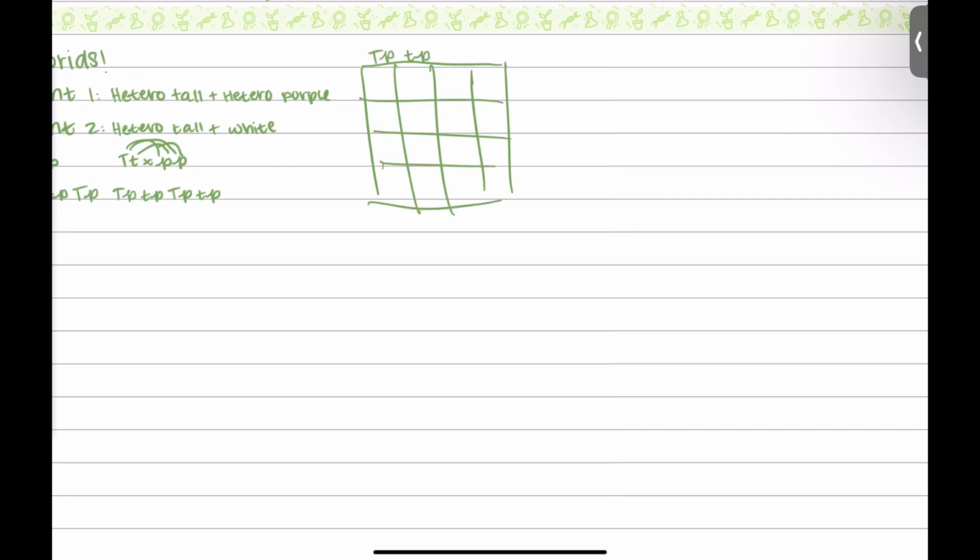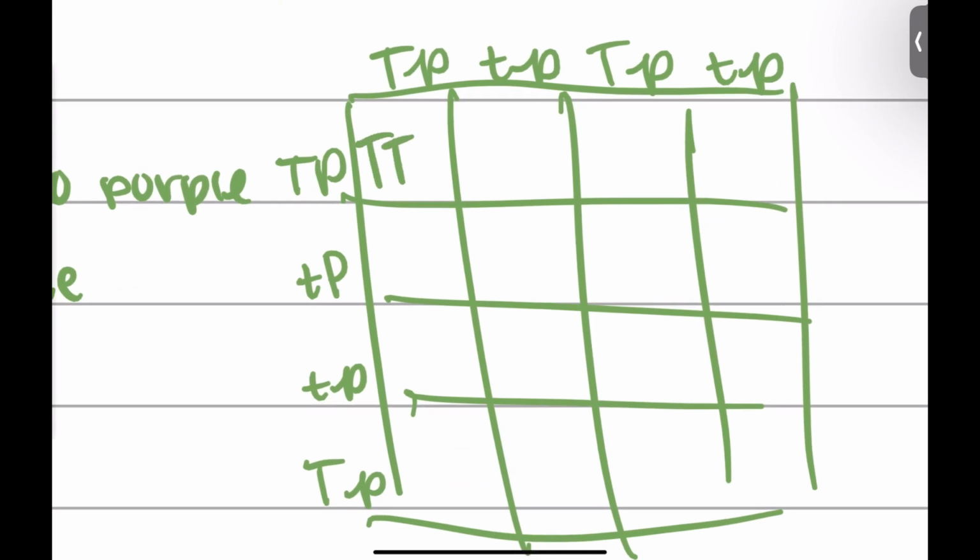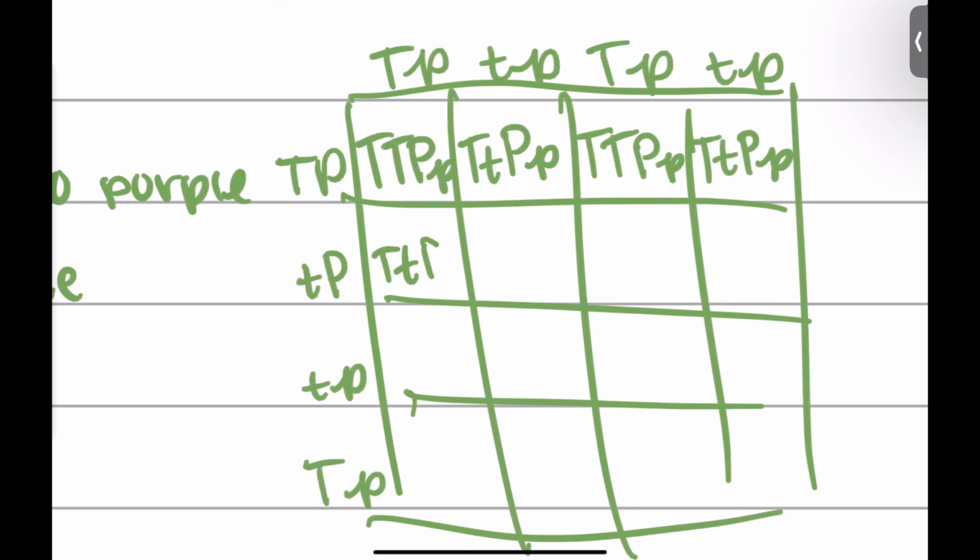So now I'm going to put these traits into the dihybrid square. It's a 16-square Punnett square, because it's a 4x4, because there are 4 different possible genotypes crossed with each other. So now I'm going to fill in the square accordingly. When you're filling in the dihybrid, you always want to put the same letters next to each other, or else it's going to be really confusing and really scrambled.